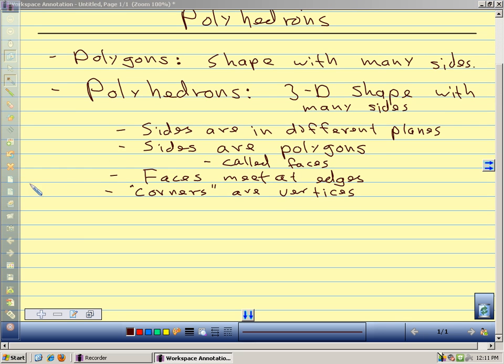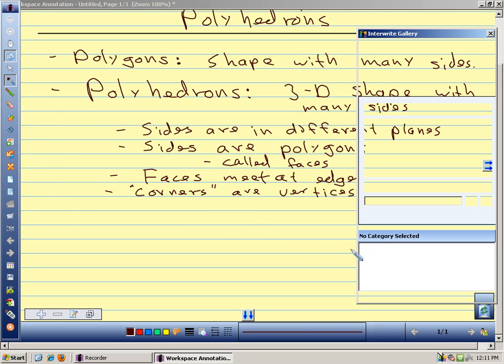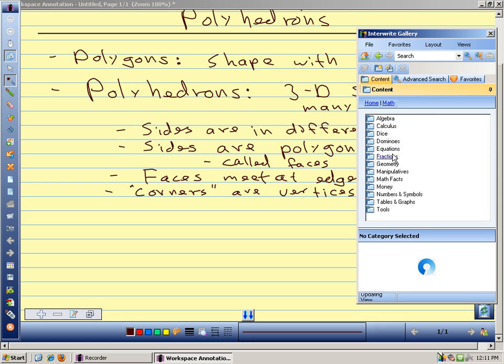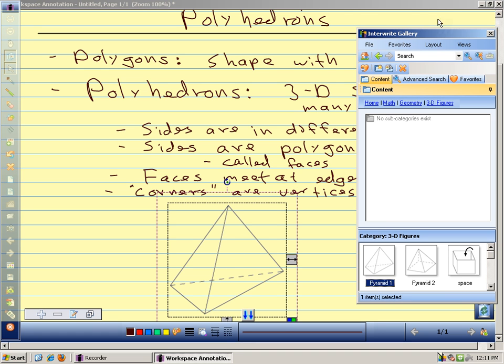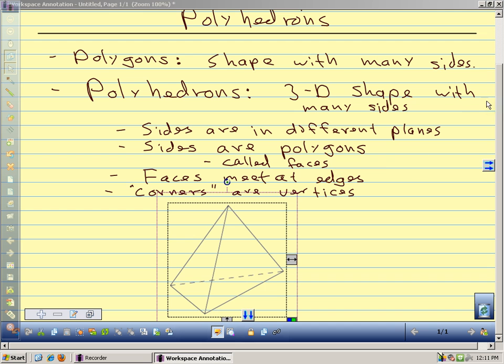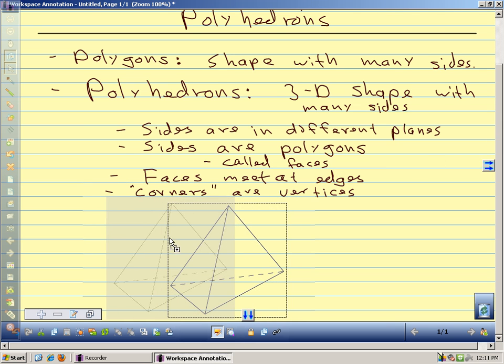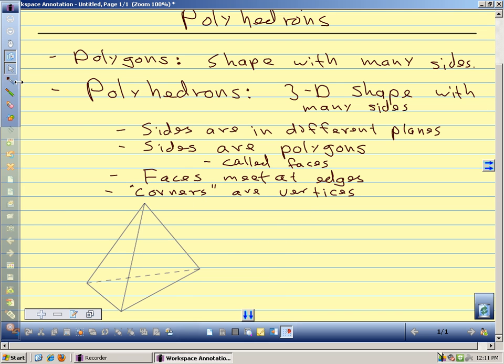So let me get a polyhedron here, and we'll label some parts. So here we go. This is a polyhedron. It's a 3D shape with many sides.